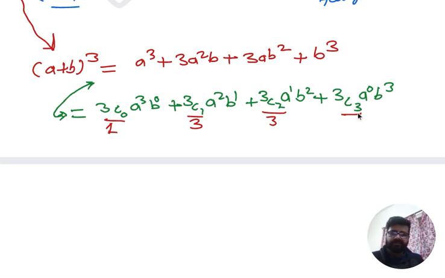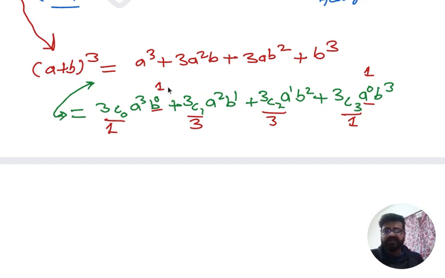So I hope you got that and understand this. If you didn't watch the previous class, first go and watch the previous classes so that you can better understand this topic. As you can see, a to the power 0, the value will also be 1, and here b to the power 0, the value will also be 1.